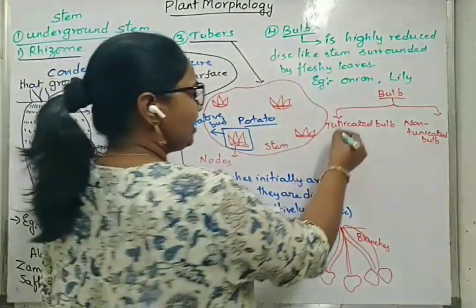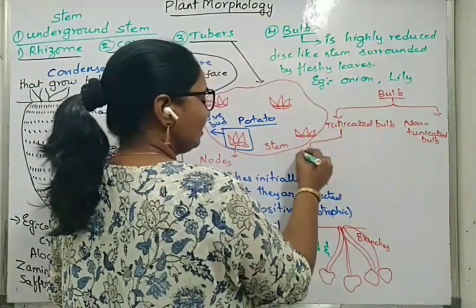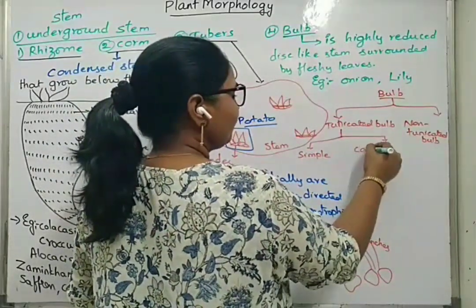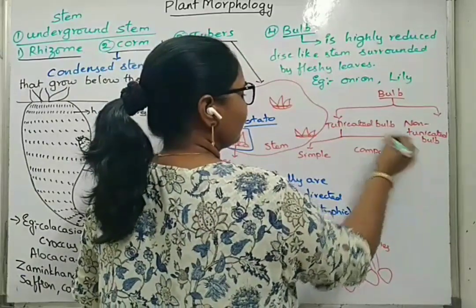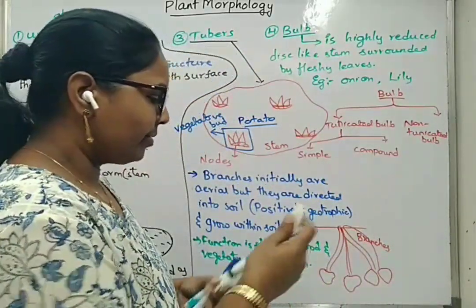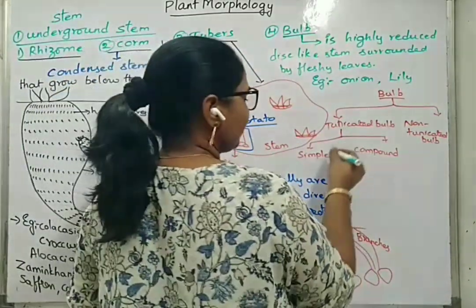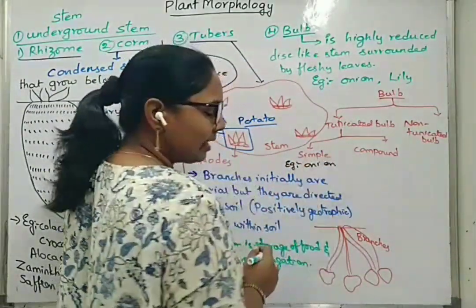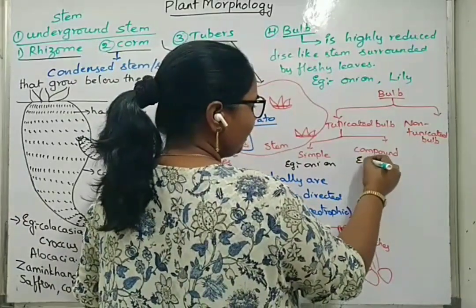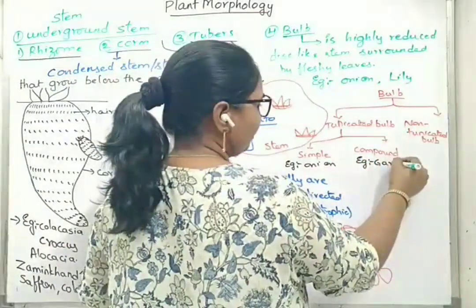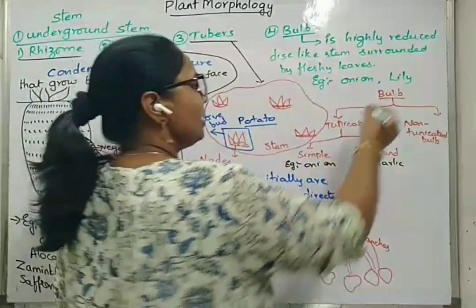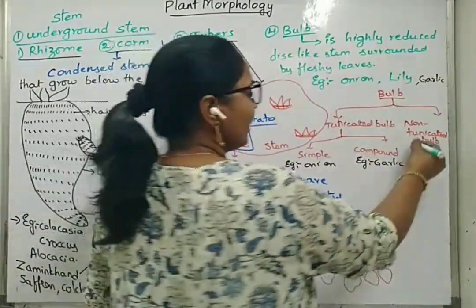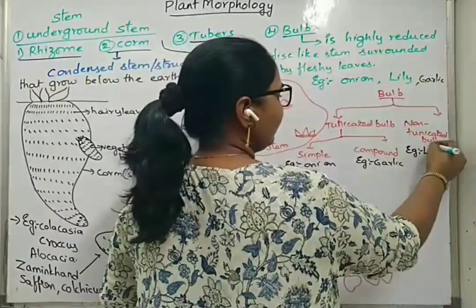Tunicated bulb again is of two types, that is simple bulb and compound bulb. Under simple bulb, example is onion. Under compound bulb, example is garlic. So here we also can mention garlic. Under non-tunicated bulb, example is lily.